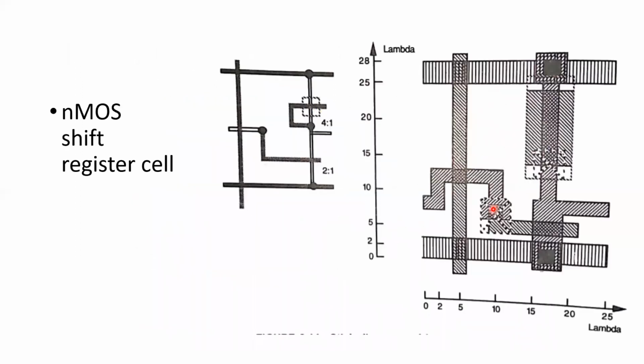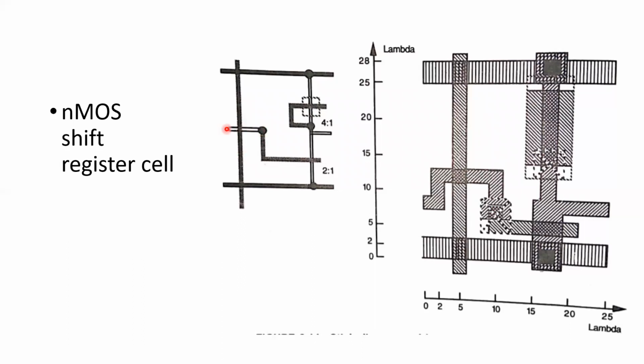This is one of the most important stick diagrams that we had discussed in the previous session, NMOS shift register cell. So on the left hand side you can see we have an NMOS shift register. This will be a depletion transistor and this will be an enhancement transistor. This acts like an NMOS inverter, and the input to the NMOS inverter is passed on through a pass transistor which is of enhancement mode N type.